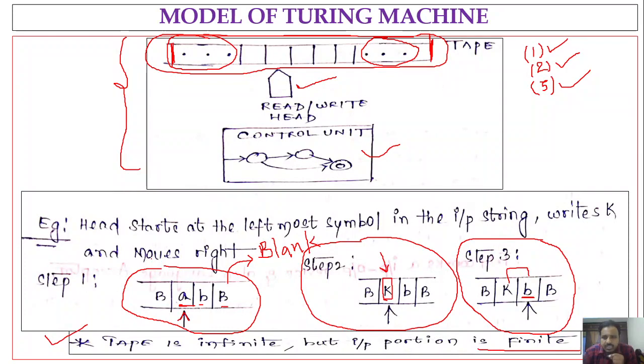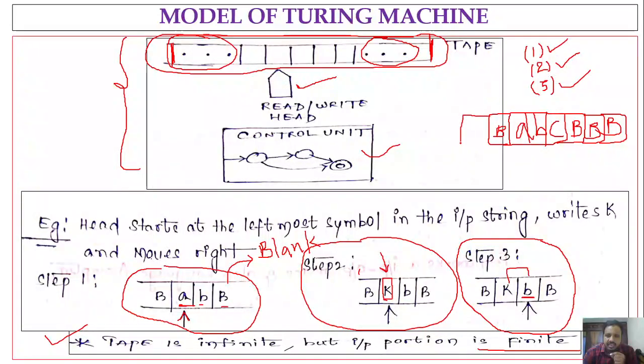Suppose I have an input like A, B, C. To represent this A, B, C, three cells are enough. So what is the content in the remaining cells, as we are considering the tape as infinite? We are going to have blank symbols in all the empty cells. That is another important point in the Turing machine design.